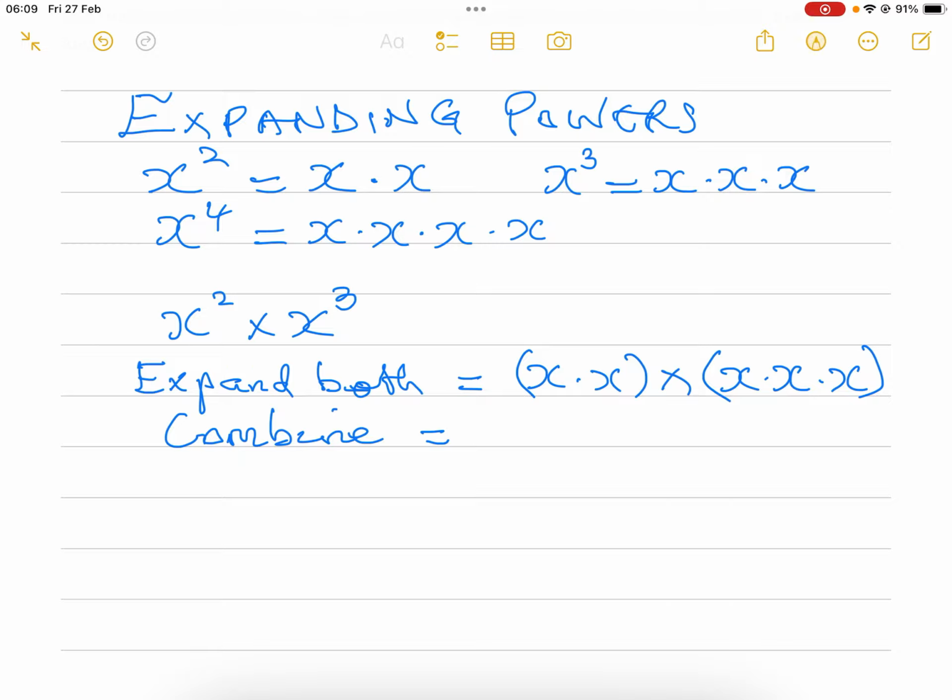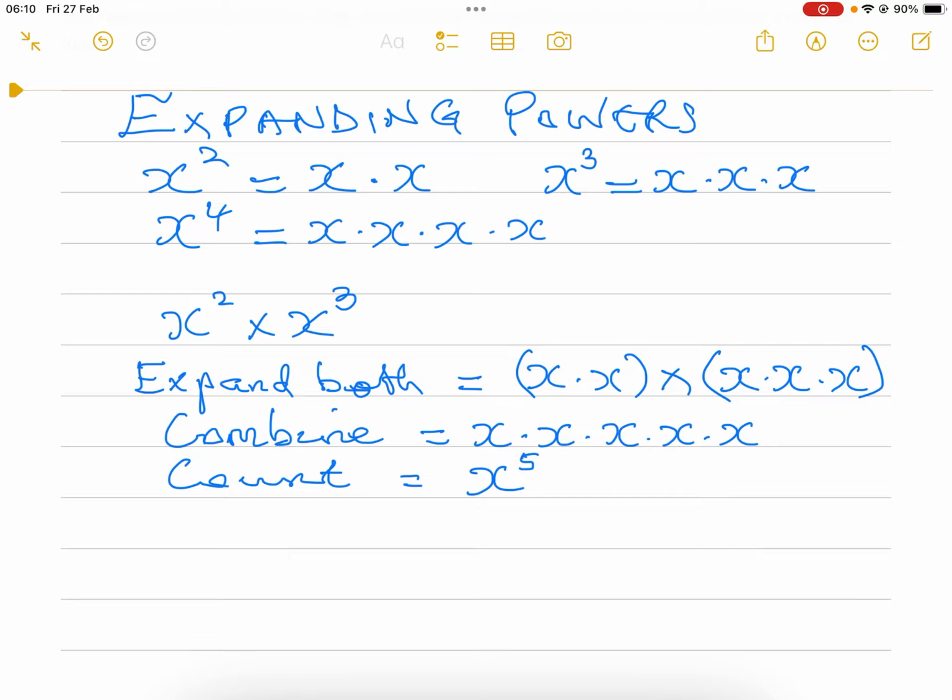When we combine, we will have x multiplied by x multiplied by x multiplied by x multiplied by x. Let's count. We have x raised to power 5.